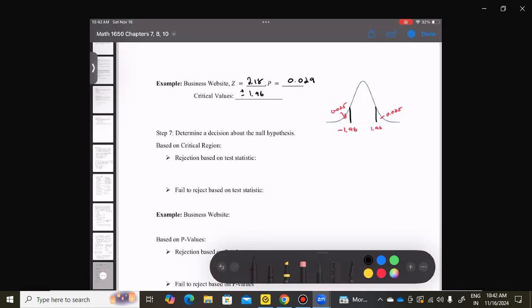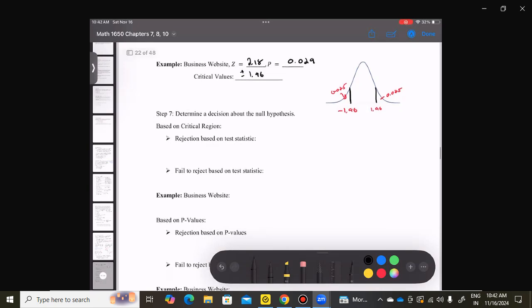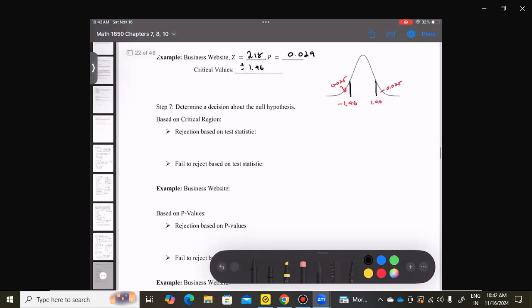So what does this do, and what are we going to find out by this? There's two ways of looking at making this decision, and this is step 7 now. Determine a decision about the null hypothesis based on the critical region. Well, our z-score is 2.18.